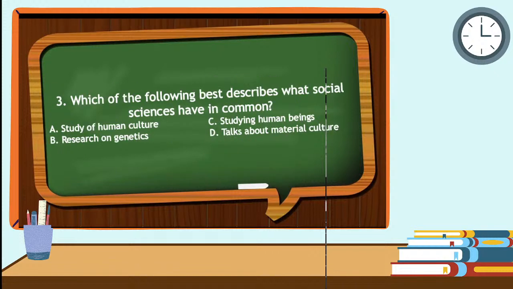Very good. So number 3, which of the following best describes what social sciences have in common? Letter A, study of human culture. Letter B, research on genetics. Letter C, human beings. Letter D, talk about materials. Yes, and the answer is studying human beings.